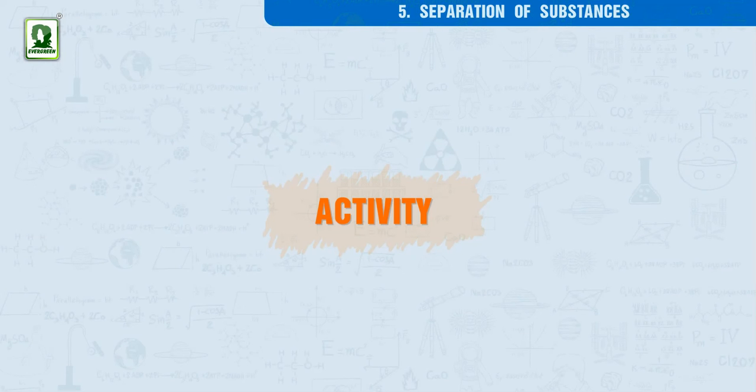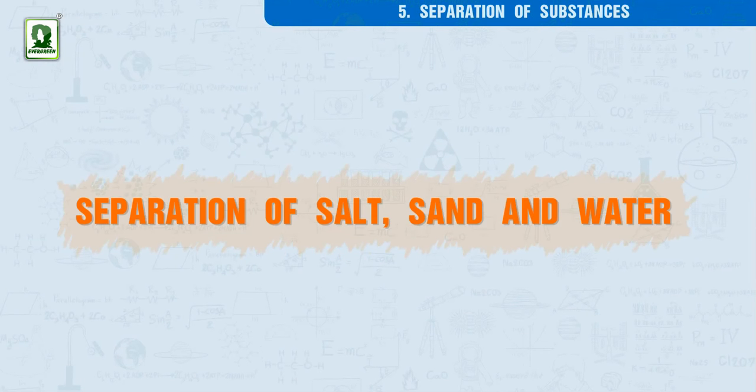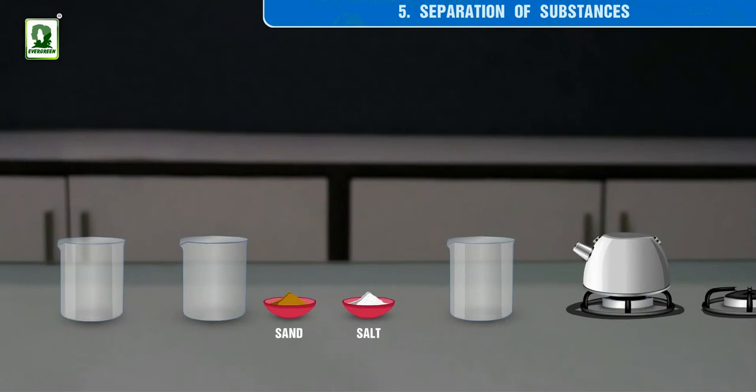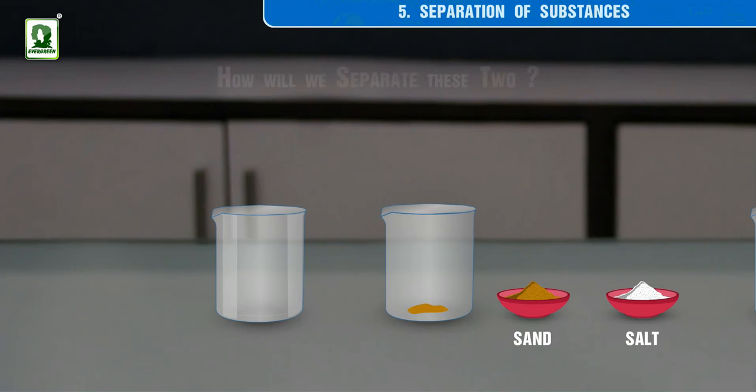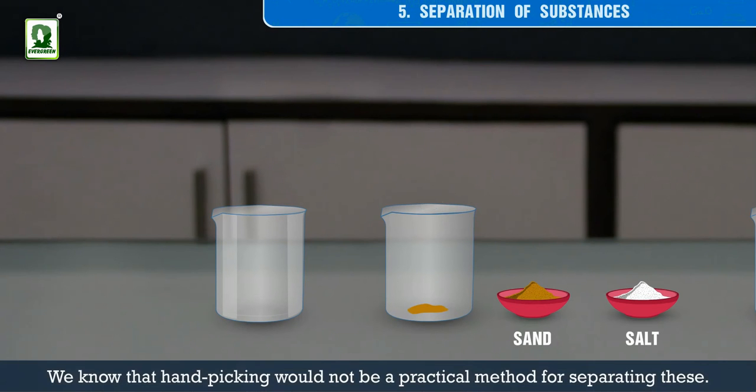Activity. Separation of salt, sand, and water. Take a mixture of sand and salt. How will you separate these two? We know that hand-picking would not be a practical method for separating these.